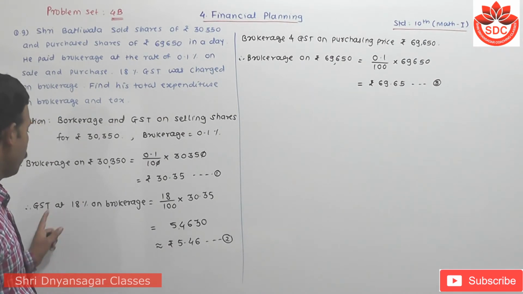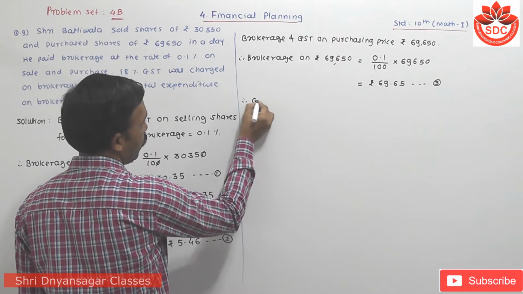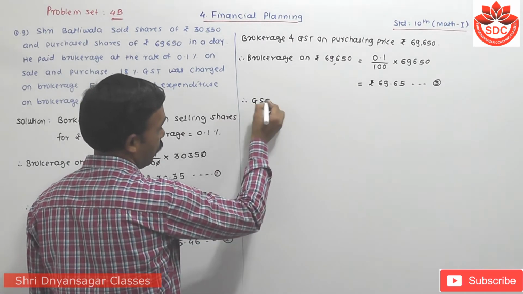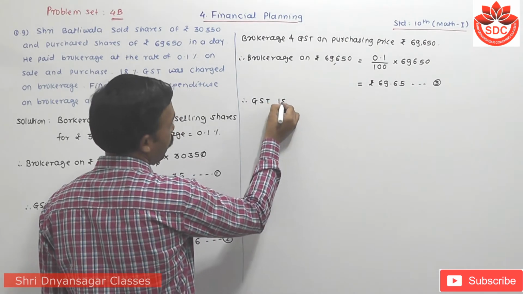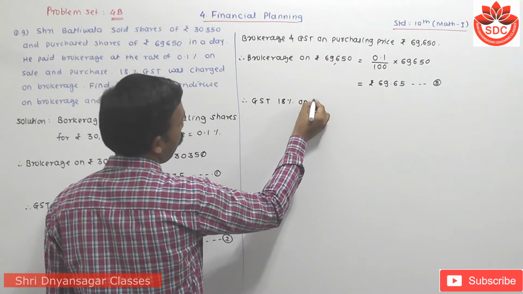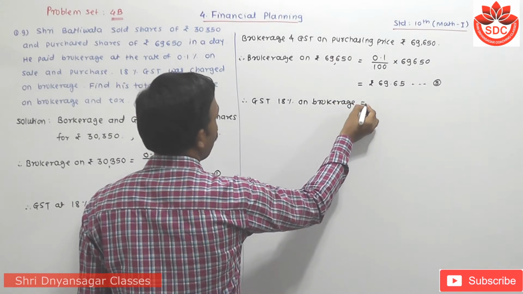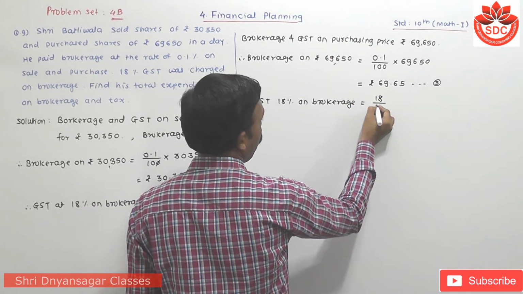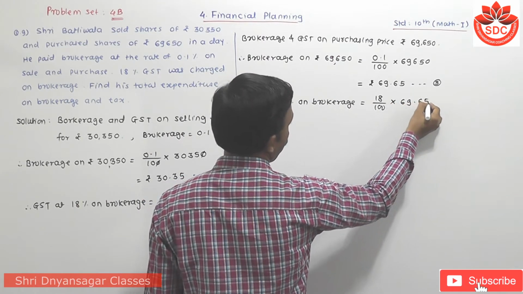Now we have to find out GST on this brokerage. Therefore GST is 18 upon 100 into 69.65.